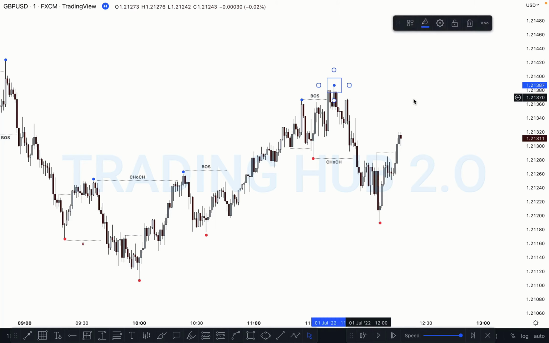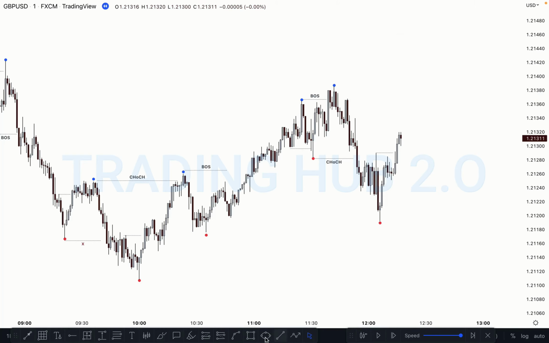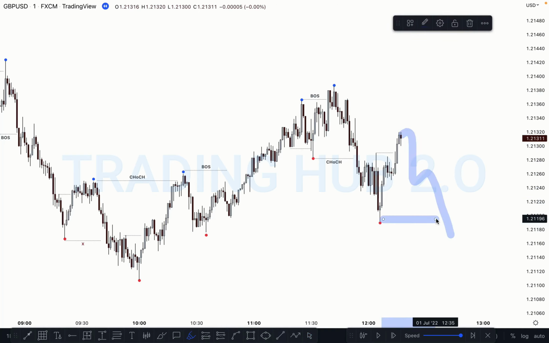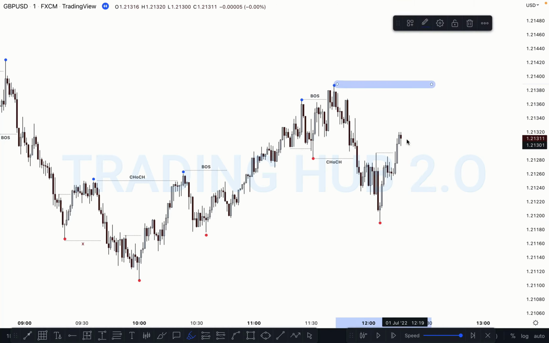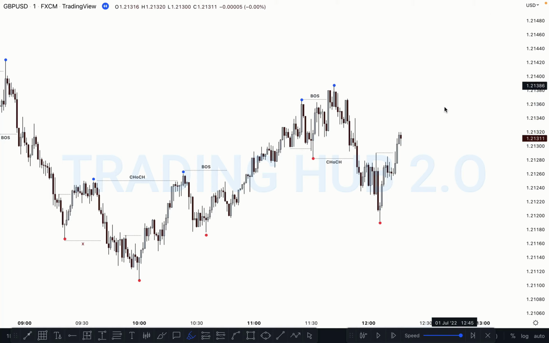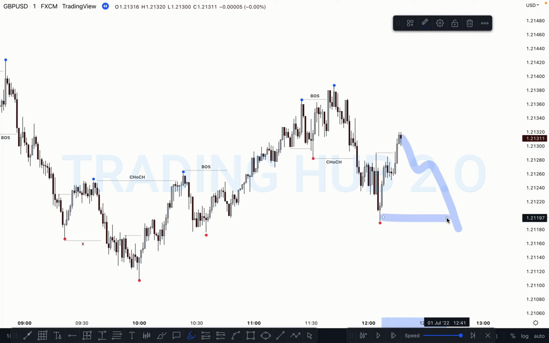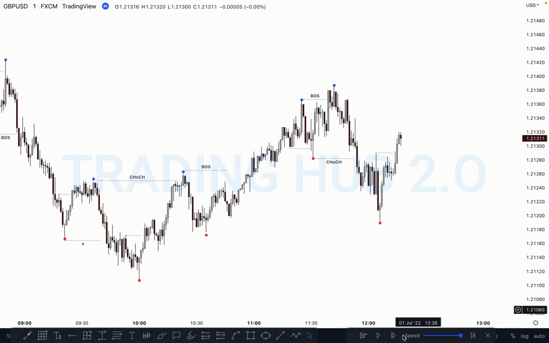And this is a high, okay? So if the market breaks this structure on the downside, this one is called break of structure, right? If the market breaks this structure, this one is called change of character, right? So I'm expecting price to break this low and close below it, so it's called break of structure. Let's see.